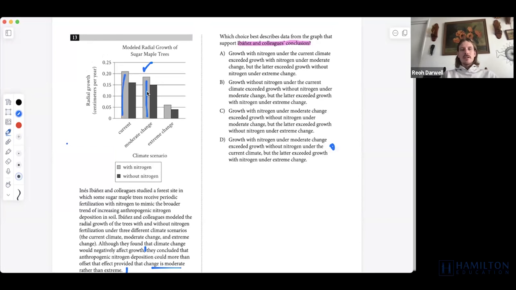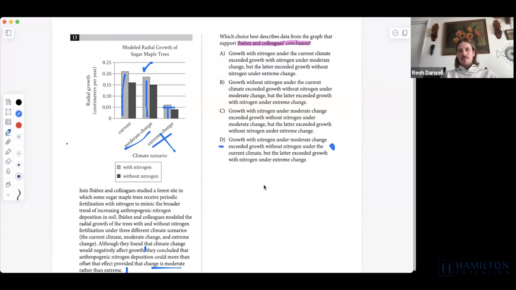So fertilizer in a moderate climate change scenario still is going to be better than no fertilizer with no climate change. However, in an extreme situation, right, the impacts of climate change will be so hard that even with fertilizer, we're going to be struggling to meet the levels of production that we had prior to climate change.